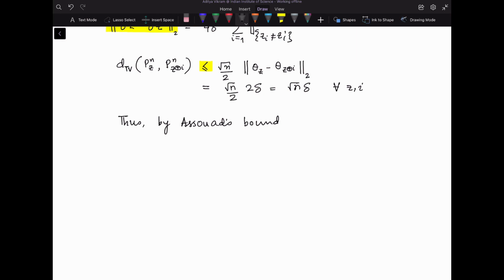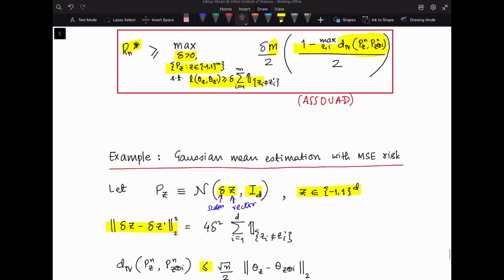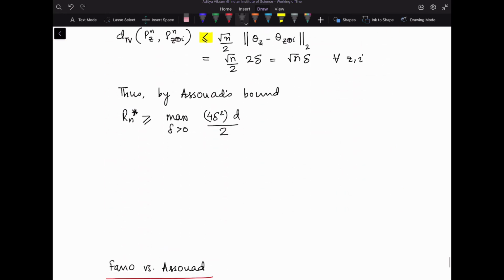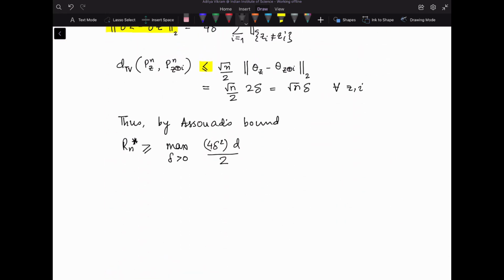Now if we substitute here, we get that Rn star is at least the maximum over delta of 4 delta squared d by 2, where d is m in this Assouad bound, times 1 minus root n delta by 2.